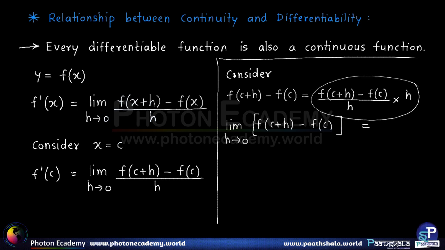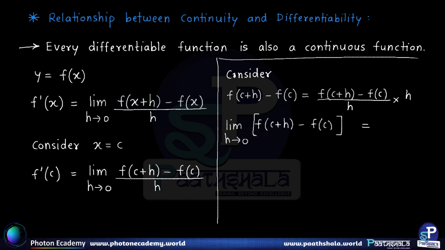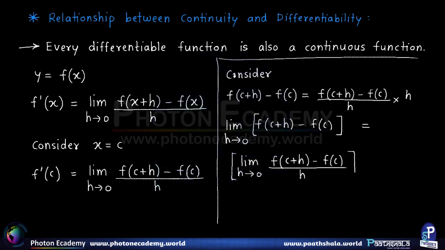And in the right hand side we have a product of two functions, so we will take the product of their respective limits also. So we can write limit of f of c plus h minus f of c whole upon h as h tends to 0, multiplied by the limit of h as the same h tends to 0.